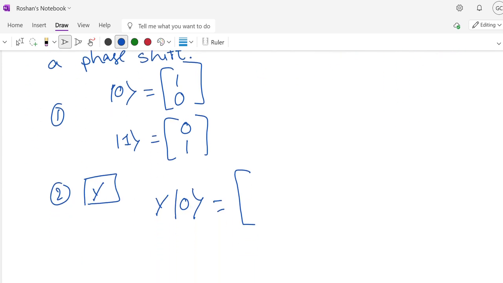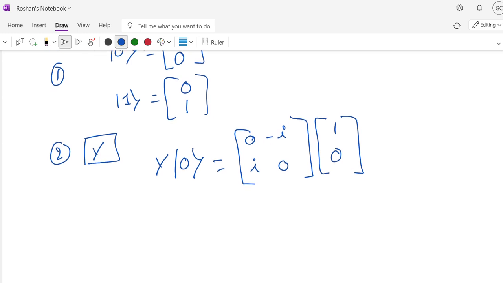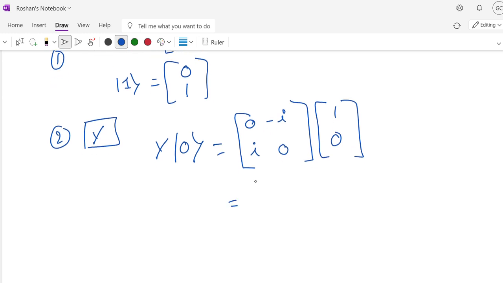Now apply the Pauli-Y gate here: 0, minus i, plus i, 0 times 1, 0. Again, it's basic mathematical multiplication. 0 into anything is 0, minus i into 0 is 0, i into 1 is i, 0 into 0 is 0.